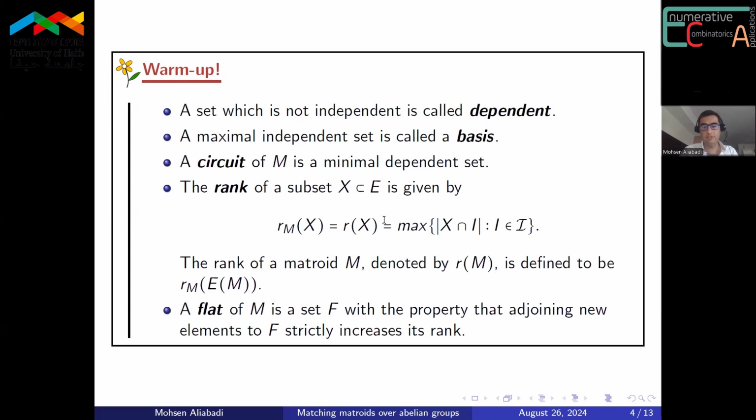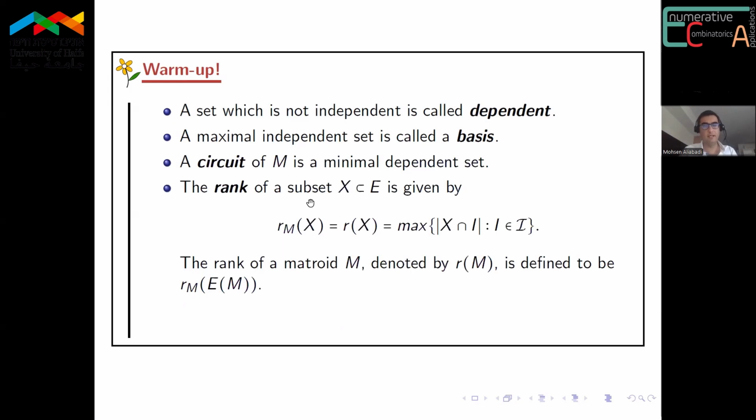Next one is the definition of the rank of a matroid. So this is how we define rank over our matroid. The rank of each subset of the ground set would be the maximal cardinality of its intersection with an independent set, and we also define the rank of the entire matroid, which would be the rank of our ground set.